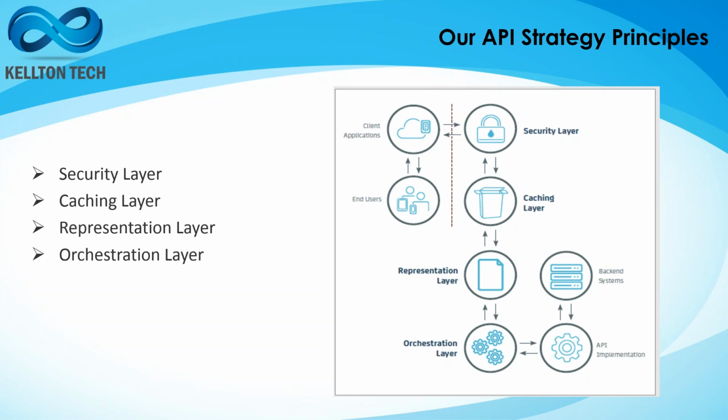Your APIs can be exposed from all architectural layers, like your backend SOA, system data layer, even from your SOA layer, that is the process integration layer, even from your apps and your presentation layer apps and microservices, even from your external platforms, the extended system layer. So our strategy is to have robust security, caching, representation, and orchestration layers built for API implementation.